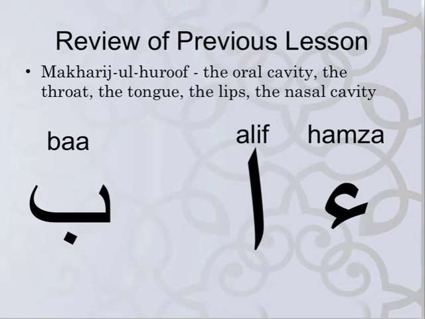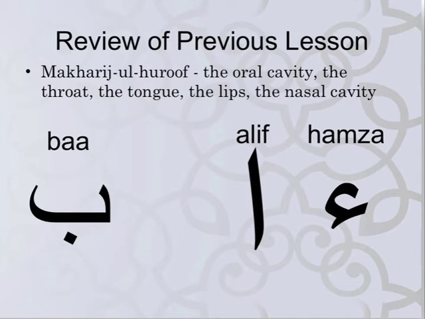Makhraj means exit, Huroof means letters, so it means exits of the letters, meaning where the sounds of the letters come from. There are 5 primary parts of your body, or parts of your mouth, from which the sound of the letters come from.